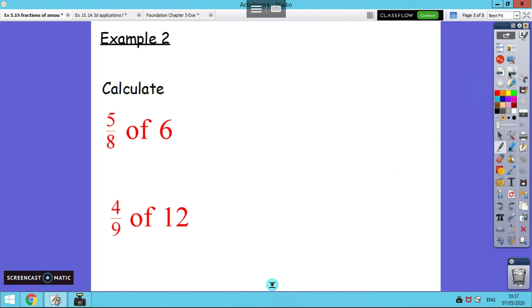So we know here that this means 5/8 times 6. Now I can't do 6 divided by 8, can I? Because I'll get a fraction. So what I'm going to do is times by the top first here and then divide by 8 afterwards. So 5 times 6 is 30. And then we've got to do 30 divided by 8.